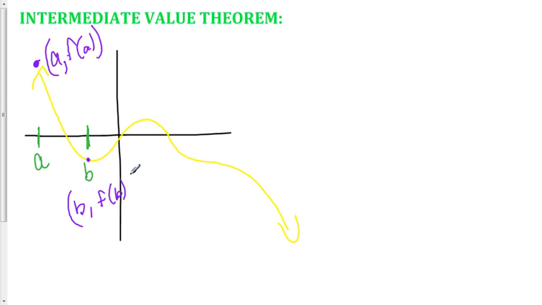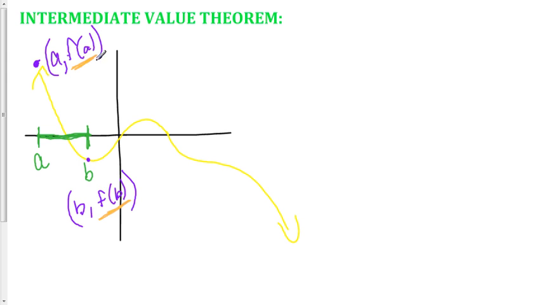Now, what the intermediate value theorem says is if you have an interval from a to b, and in that interval, f of a and f of b are not the same number, so that would have to be like 6, and maybe that's a negative 2 for the answer.